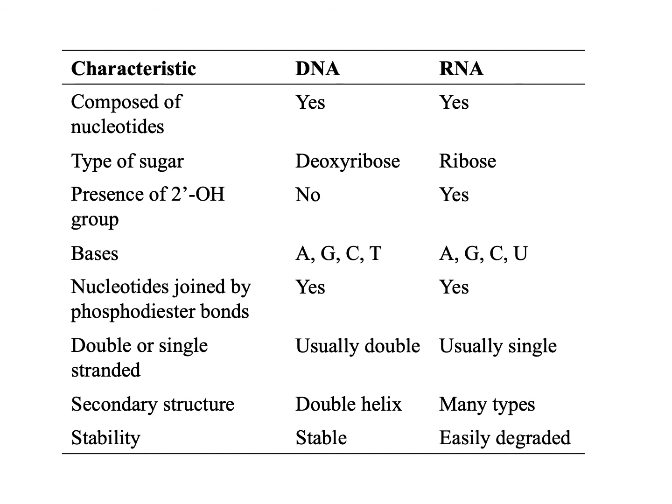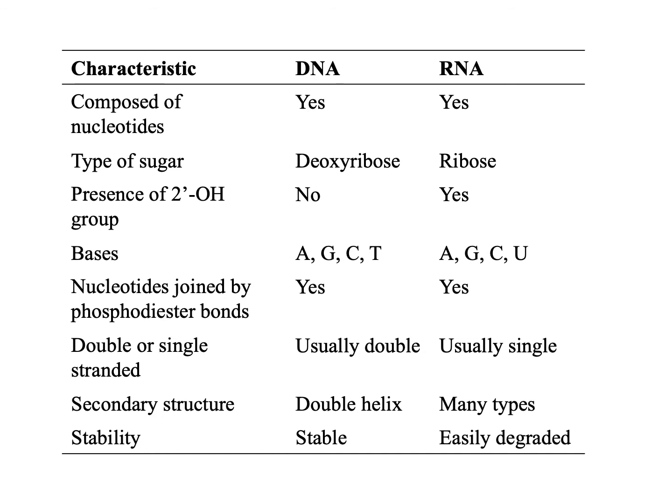The type of sugar in the nucleotides does differ between DNA and RNA, and I suggest you go back to looking at some of the figures from DNA structure where I highlighted this difference. DNA contains a sugar known as deoxyribose, and RNA contains a sugar known as ribose. So the nucleotides are slightly different with respect to the sugar that is present.